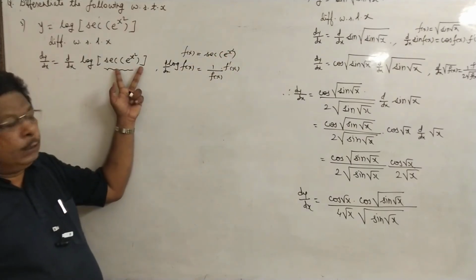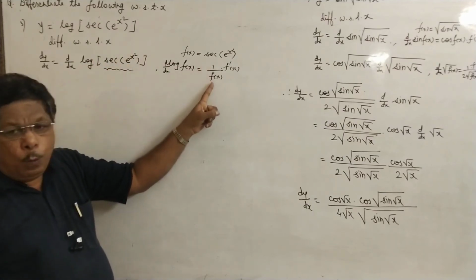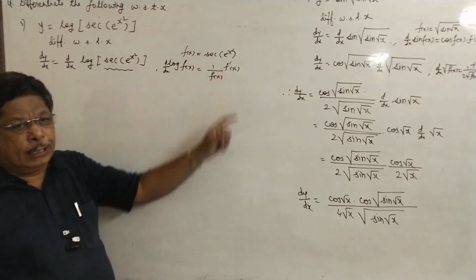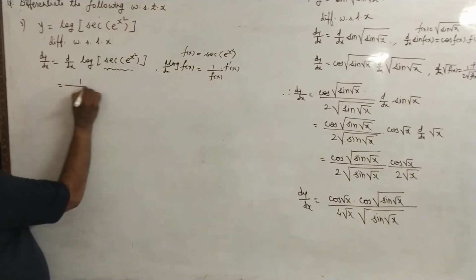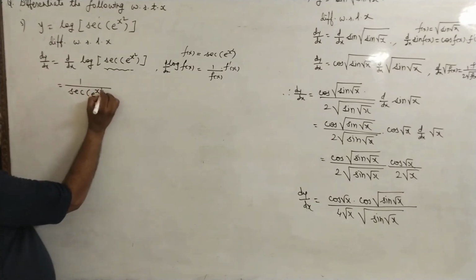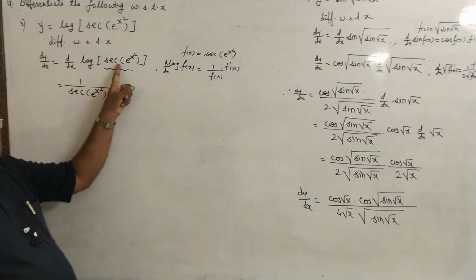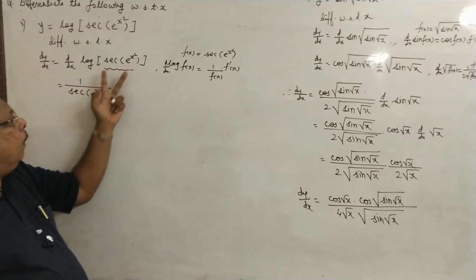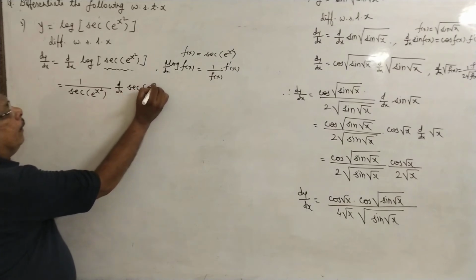So the derivative of log f(x) is 1 upon f(x) into f dash x, so it is 1 upon sec of e raised to x square into the derivative of f(x), where f(x) is equal to sec of e raised to x square.